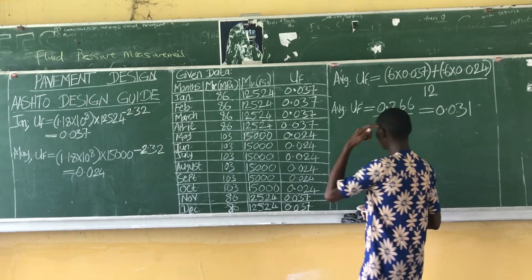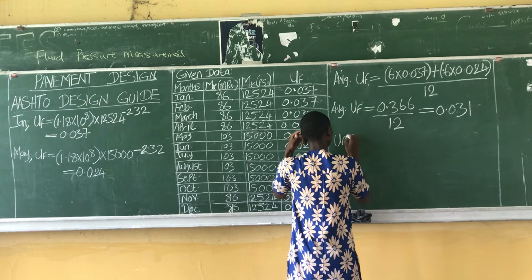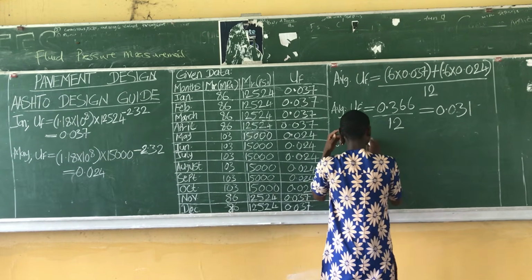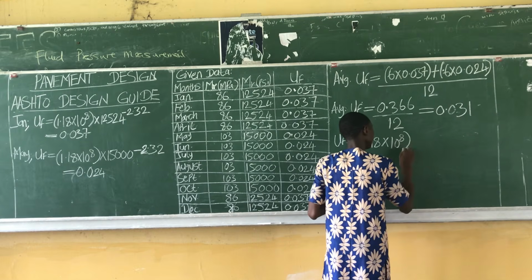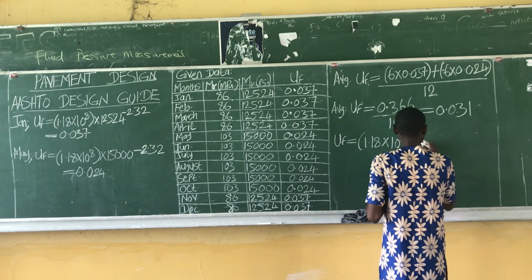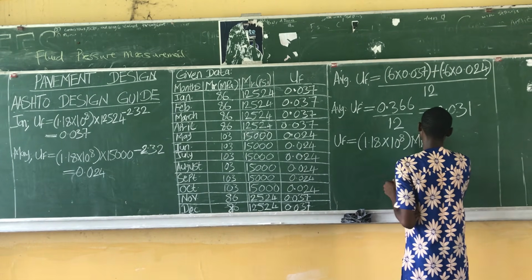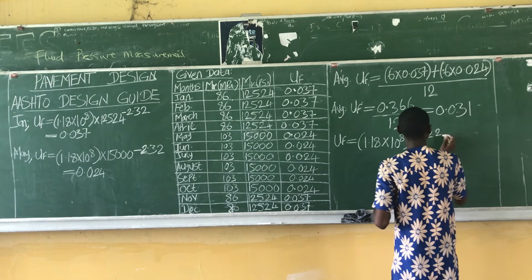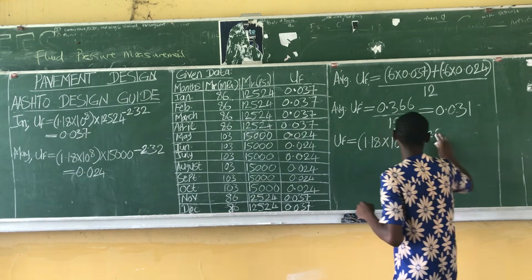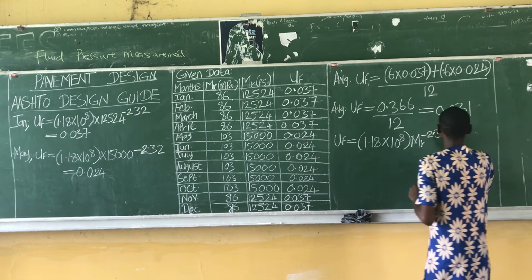So we have that this is equal to 1.18 times 10 raised to the power 8 into our resilient modulus raised to the power minus 2.32.